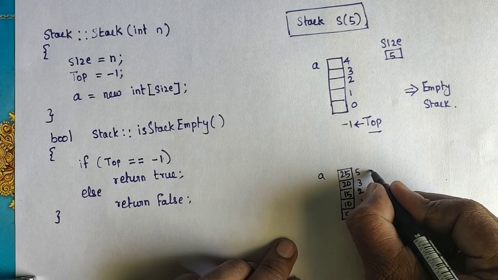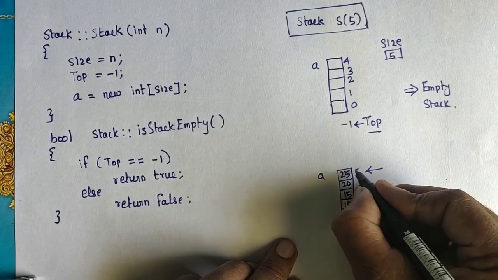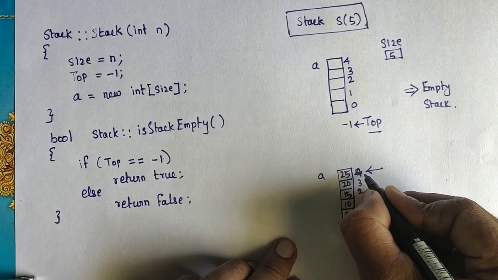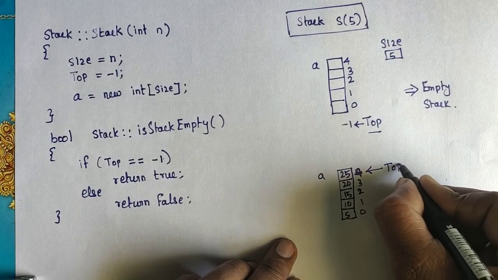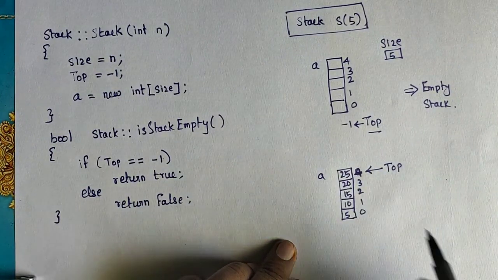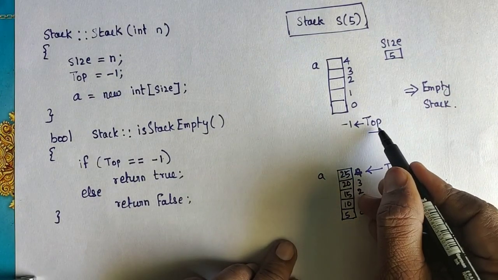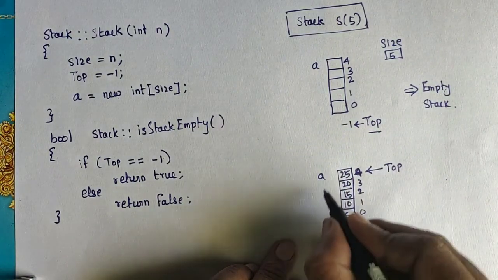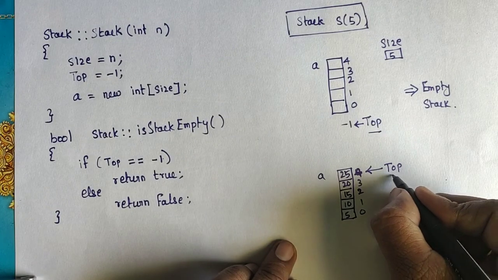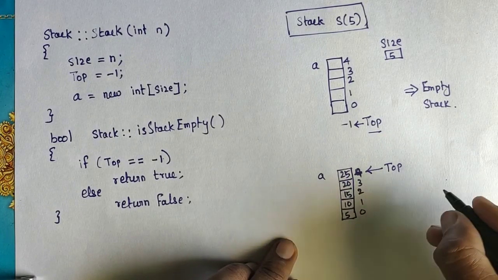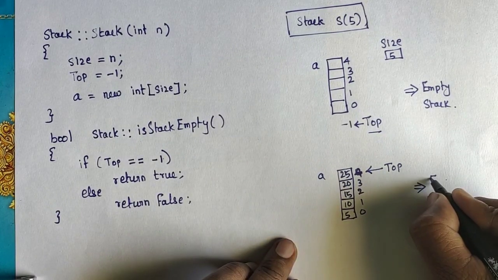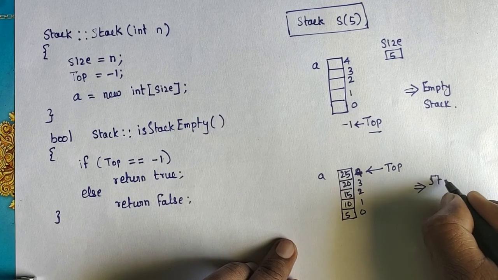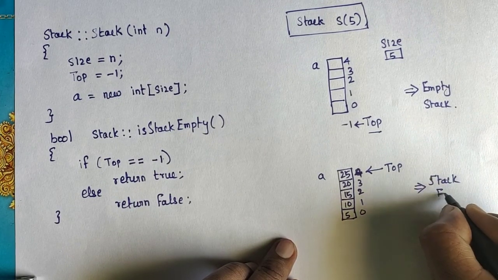It means that by that time the top is pointing to the last index. When the stack is empty, the top is pointing to -1. When the stack is filled, the top is pointing to the last index. So this is the stack full status.